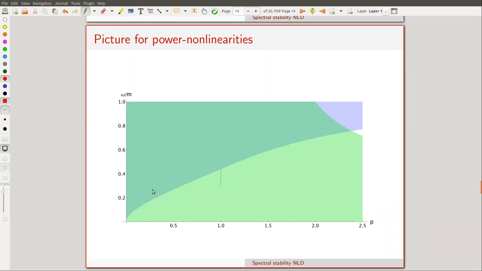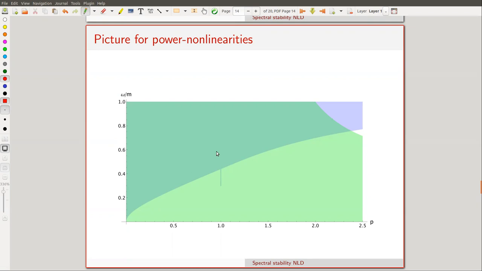And the green region shows, okay, in the plane omega, frequencies that go from 0 to m, and p, the powers of the power nonlinearities, as a function of these, this green region is where the derivative of phi 0 squared is non-positive. And so no eigenvalue branches can pass through zero. So in the intersection, the darkest region here, there are no eigenvalues on the axis in the complex plane.